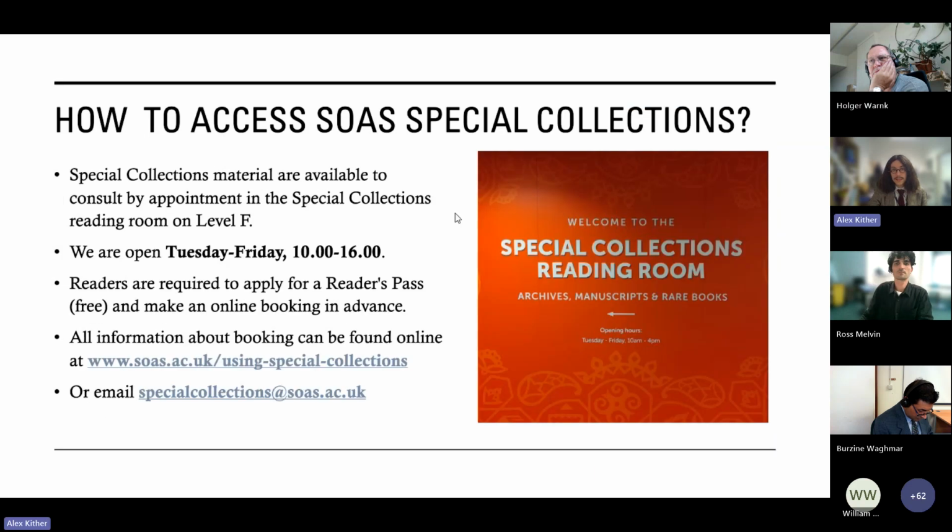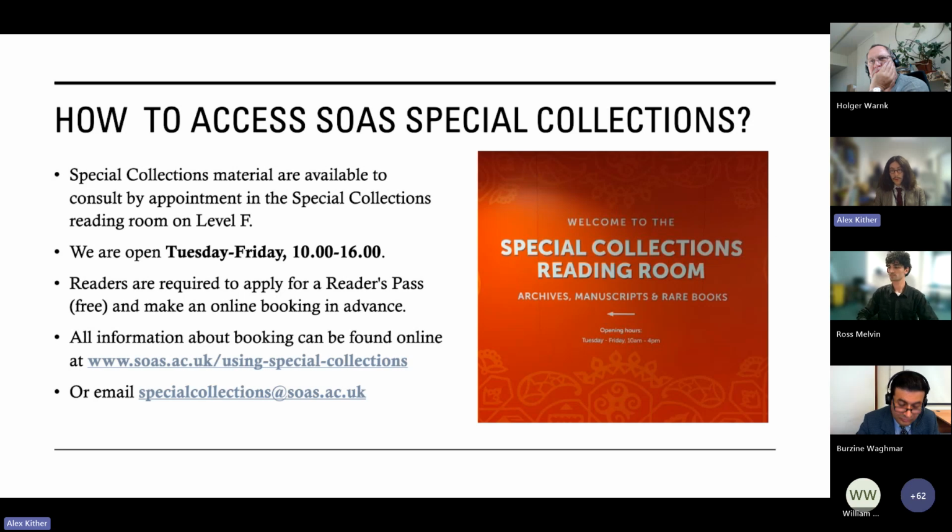In terms of how to access special collections material, all of our collections are available to consult in the Special Collections Reading Room, which is on level F of the main library building in Bloomsbury. We're open Tuesday to Friday, 10 till 4, and everything's by appointment.